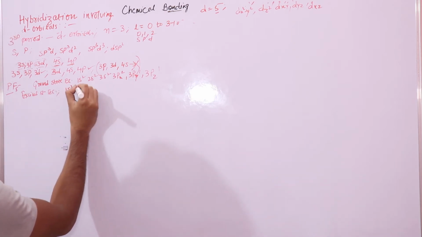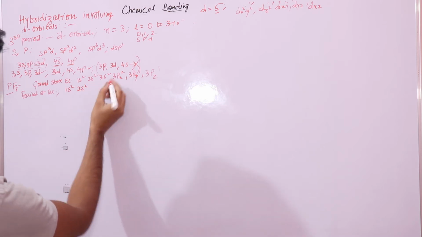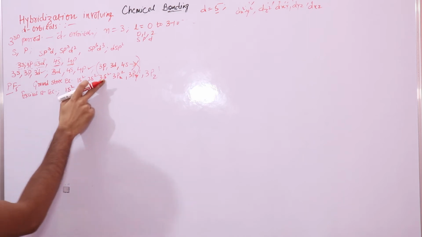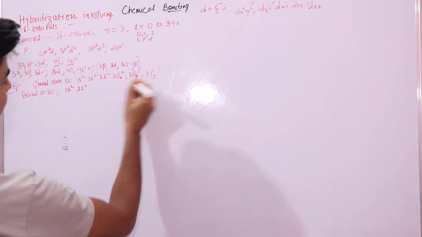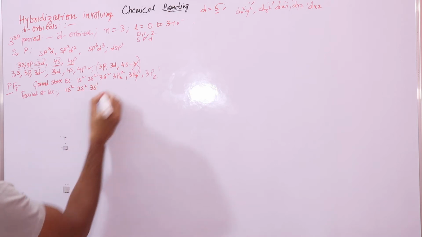1s2, 2s2, right? So an electron from the filled 3s orbital would be promoted to the 3dz square orbital. So it would be 3s1, right?